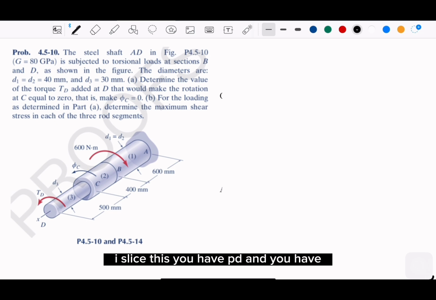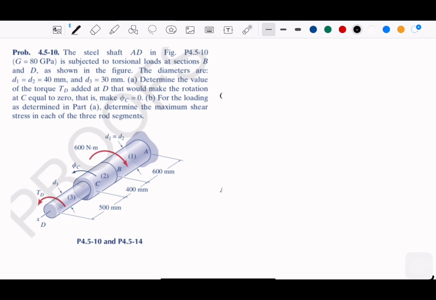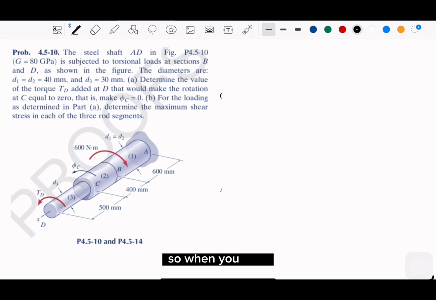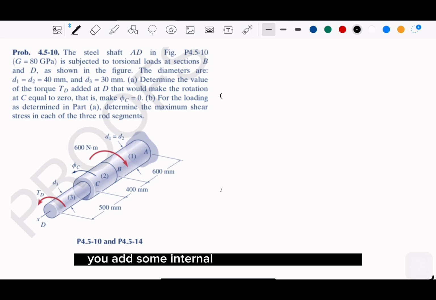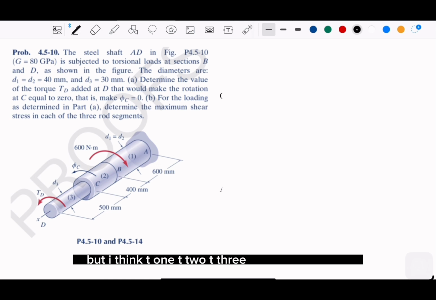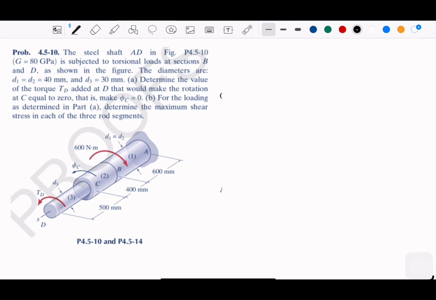We have TD and, for the internal one, you can give T3 to make it different from the external torque that is going to be here. So when you slice, you add some internal reaction or internal torque. You could name it any name you want, T1, T2, T3, or Tx, Ty, Tz. But I think T1, T2, T3 makes more sense.